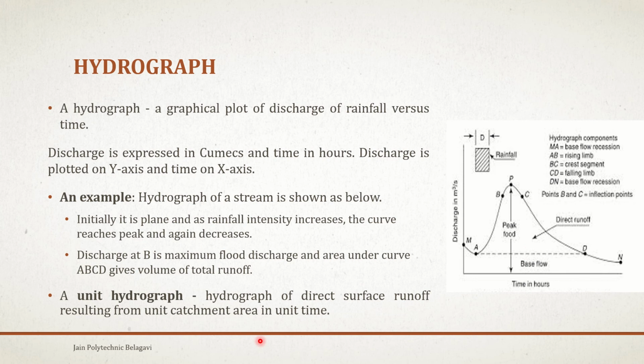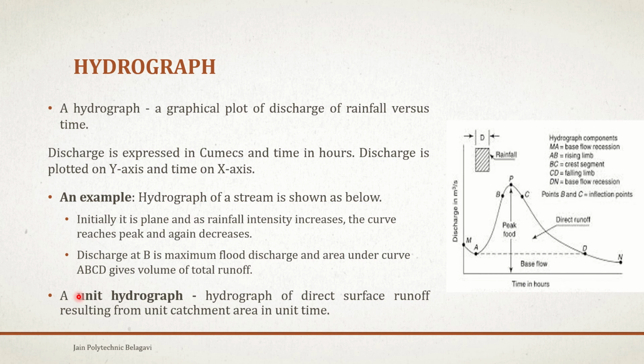There is one more called a unit hydrograph. It is the hydrograph of direct surface runoff resulting from a unit catchment area in unit time. The hydrograph we have discussed now is the general one. There is one more type, which we call the unit hydrograph. Whatever surface runoff is shown is for some unit catchment area in some unit time.